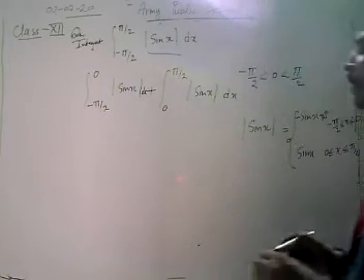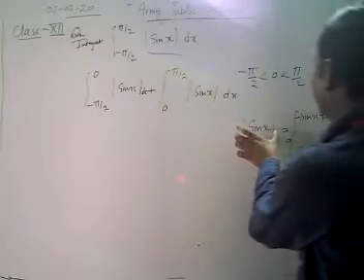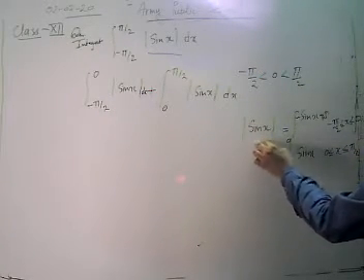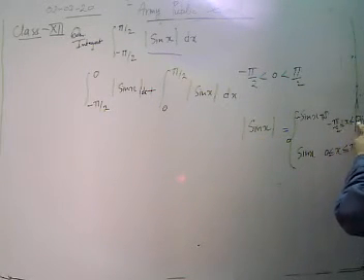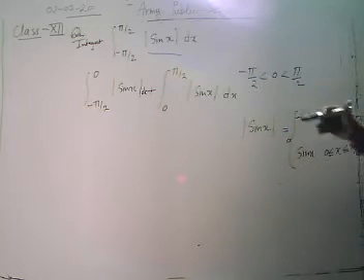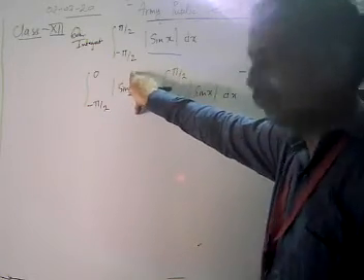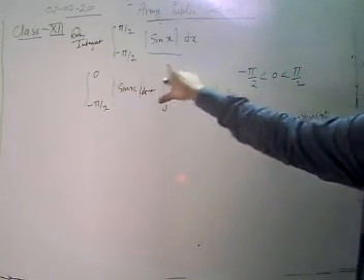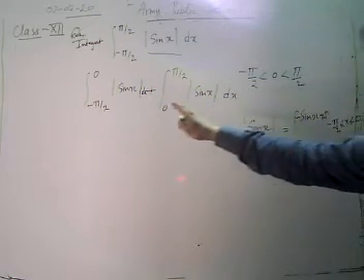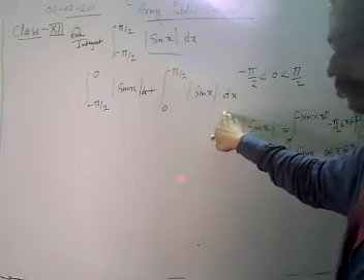Now what do we do? First of all, we determine the values of sin x. When we take x less than 0, the value of sin x is negative. So between this interval, mod sin x has a negative sign, and between 0 and pi by 2 it has a positive sign.